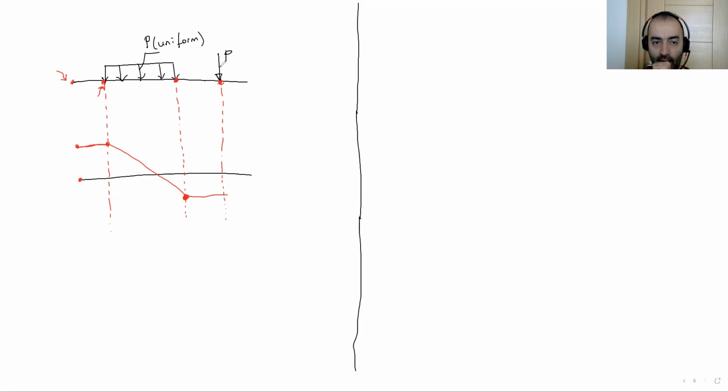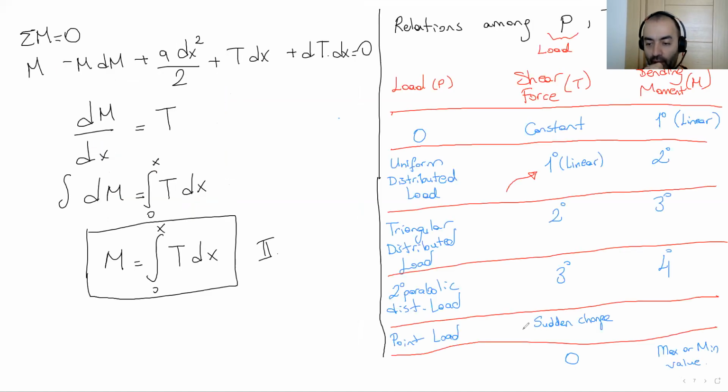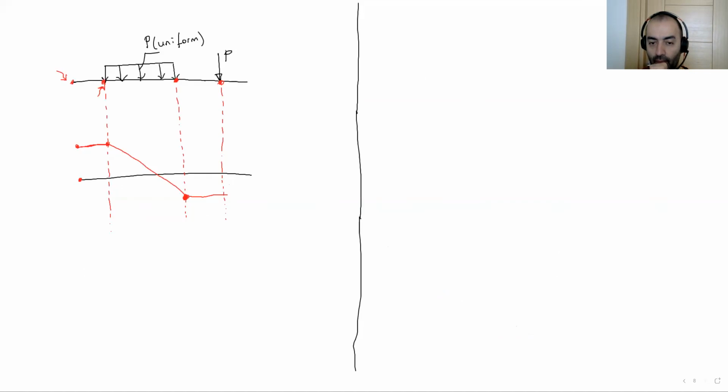And here I have a point load. What I said regarding the point load: if I have a point load, there will be a sudden change on the shear force diagram where the point load acts. Take a look here, P is here, and there will be a sudden change.